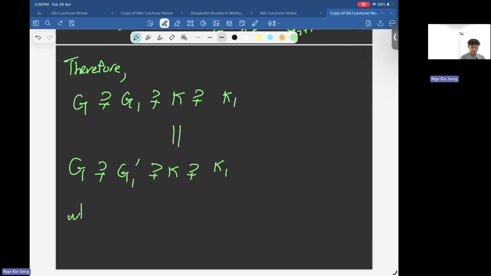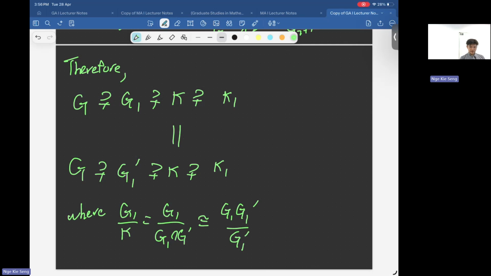Okay. So how do we build this up? So G1 over K is just G1 over G1 intersect G1 prime. But then this is isomorphic to G over G1 prime. So this is, I think, the second isomorphism theorem. Okay, and then you can do the same game to push it back to G over G1.